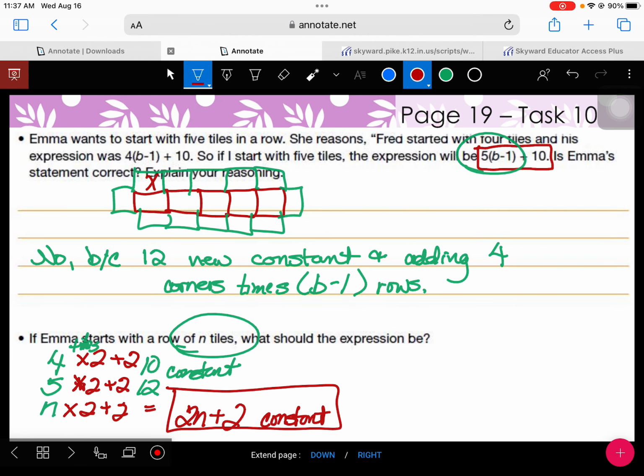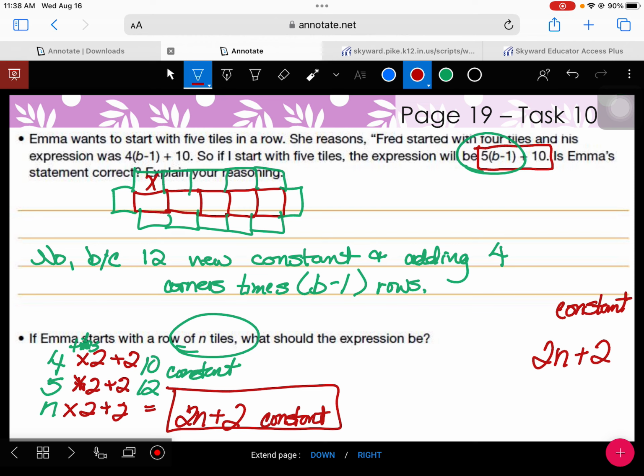This is my constant, so this is the part that's at the end. 2n plus 2. Yeah, because this is the constant part of the expression. What's happening as this gets bigger? Is this not the same kind of pattern as was for Fred and for Emma?